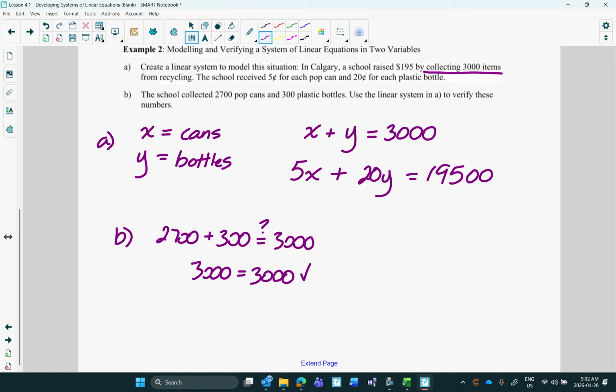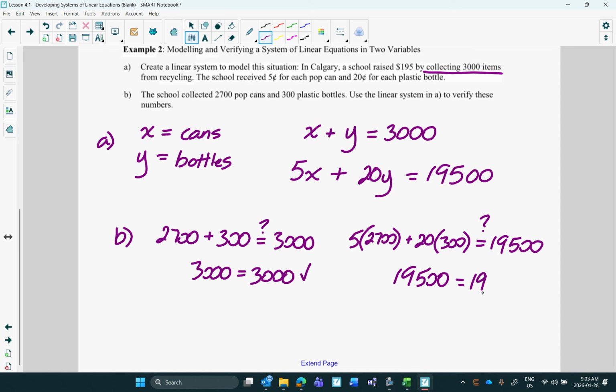Then I have to check and see if it works in the second equation. Does 5 times 2,700 plus 20 times 300 equal 19,500? Probably a safe bet that it will, but of course you do need to confirm on your calculator. When you multiply these two and add them together, you will get 19,500, which does equal the other side. So that means it works. So we are verified.